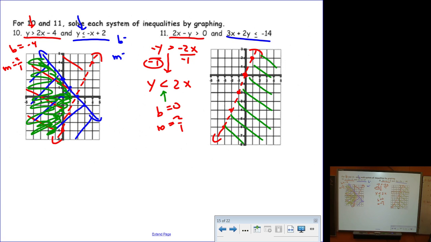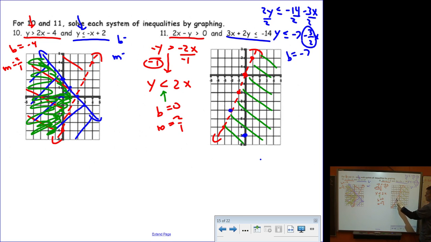This equation is also not in slope-intercept form. So I might start by subtracting 3x from both sides. That would give me -14 minus 3x. And then divide everything by 2. And I would get y is less than or equal to -7 minus 3 over 2x. So the y-intercept would be -7. And the slope would be -3 over 2, which is down 3, right 2, or up 3, left 2.